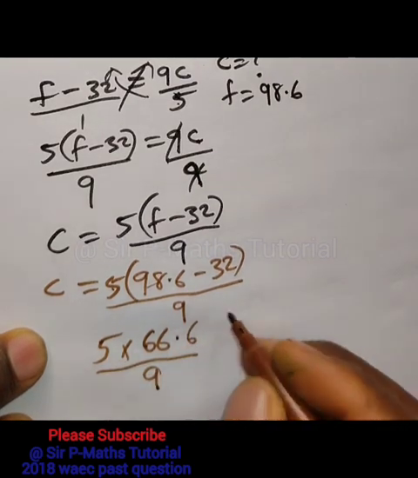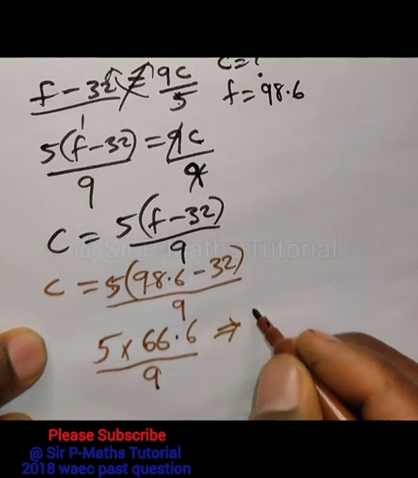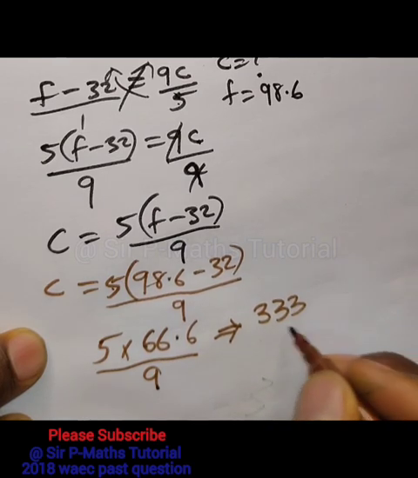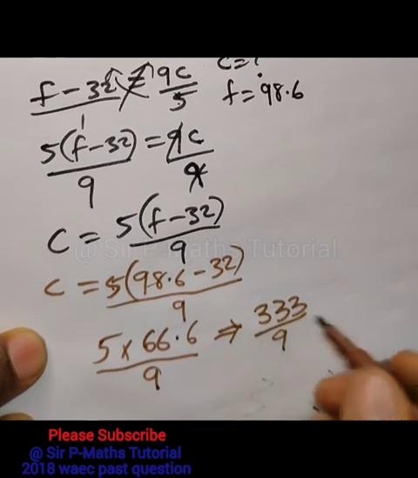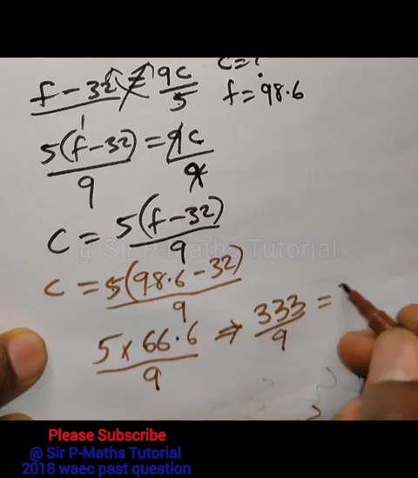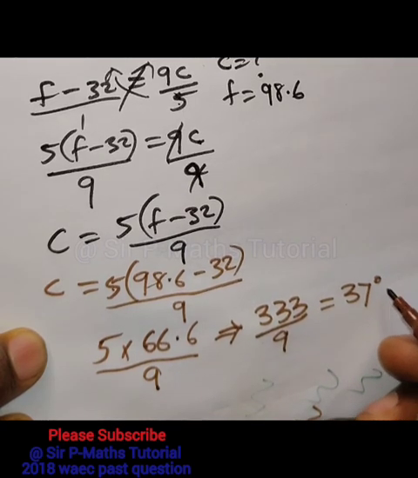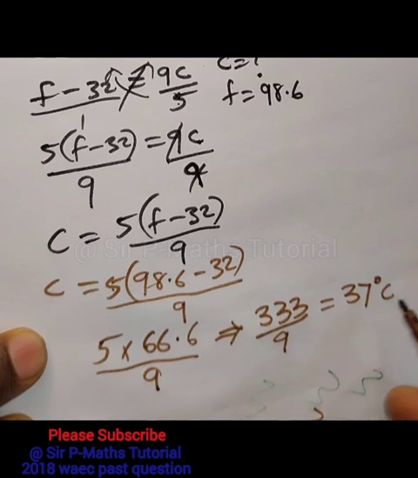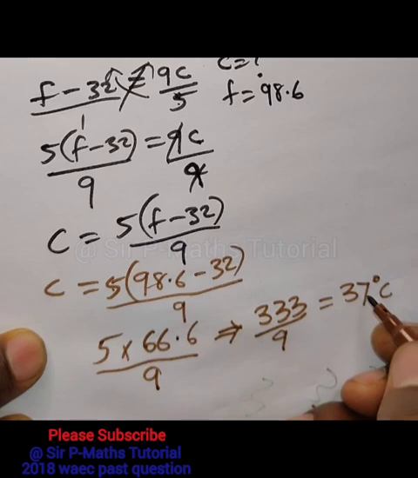If I multiply here, I will have 333 over 9, which if I divide, I will obtain 37 degrees Celsius. Alright, so we have just converted the Fahrenheit to Celsius.